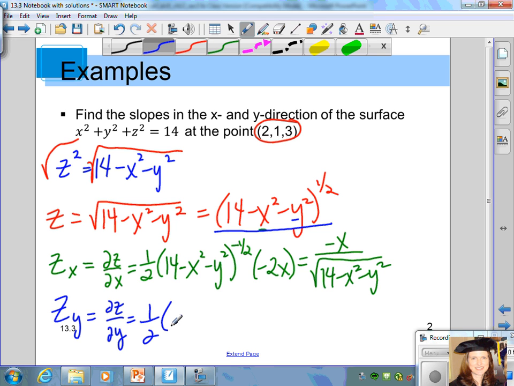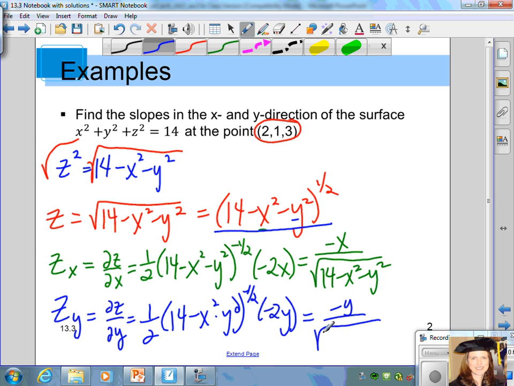So the derivative is 1/2 of 14 minus x squared minus y squared, all to the negative 1/2 power times the derivative of what's inside. The derivative of the constants are 0, and the derivative of minus y squared is negative 2y. You can simplify the 1/2 with the negative 2 and the y. You will simplify to negative y in the numerator over the square root of 14 minus x squared minus y squared in the denominator.